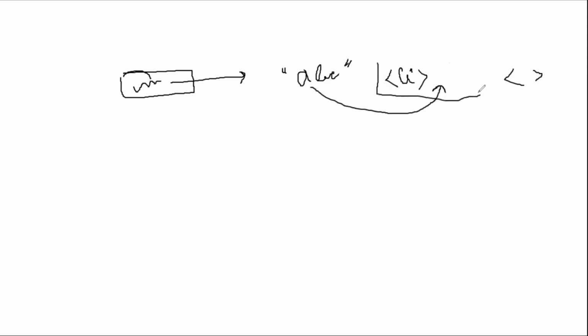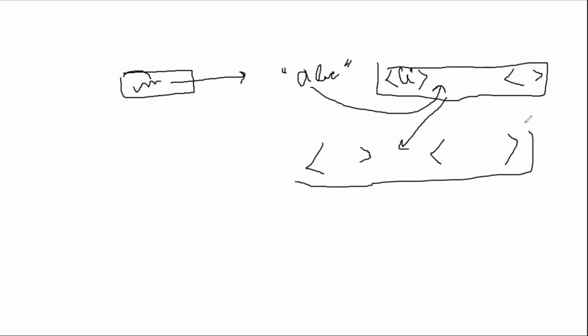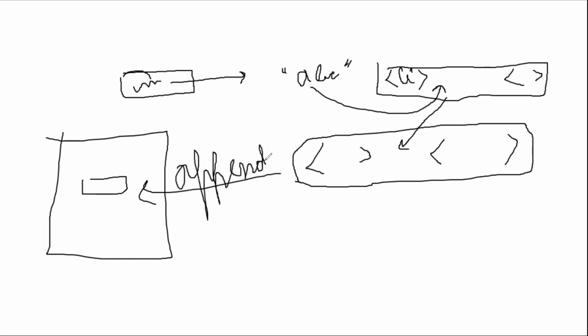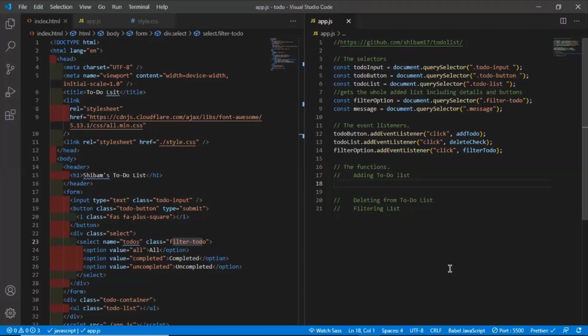And this whole li will be inside another element, and this element we need to put in our HTML tag in our website, like this here. And to do this, we append. Okay, I hope this clears it up quite a bit. And let me show you the code now.